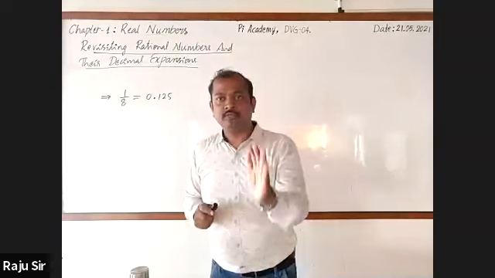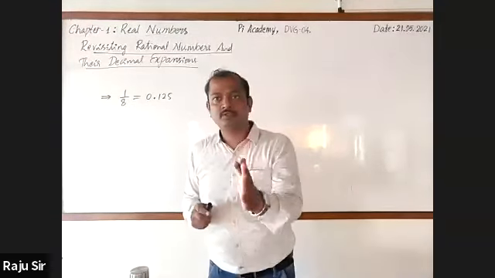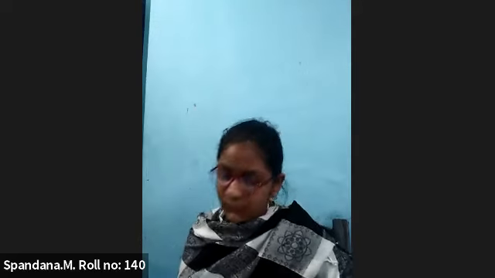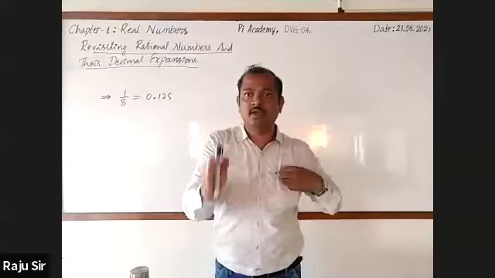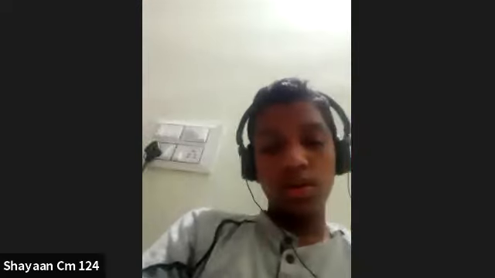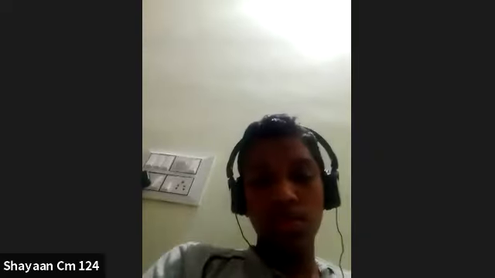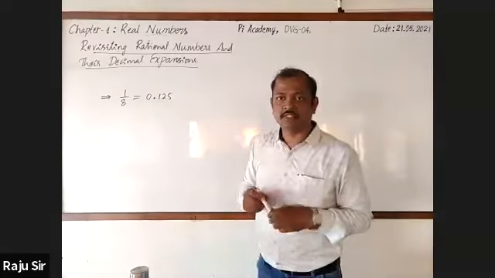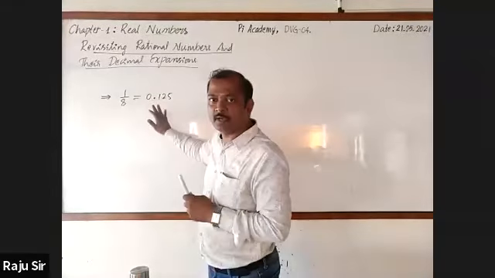Without actual division, is it possible for us to say that its decimal expansion is terminating or non-terminating recurring? For that, we have conditions. I am going to give you those conditions. Just keep observing.